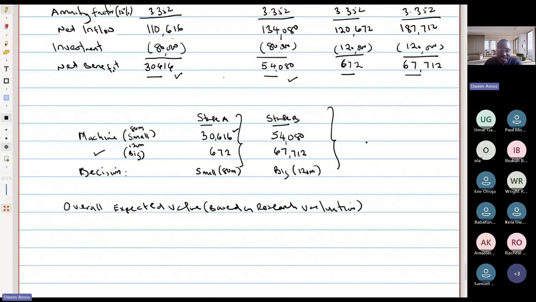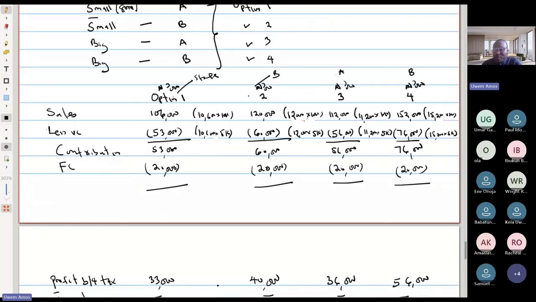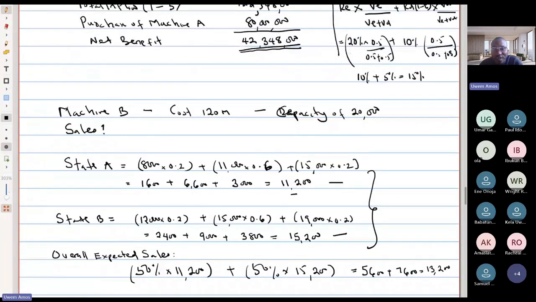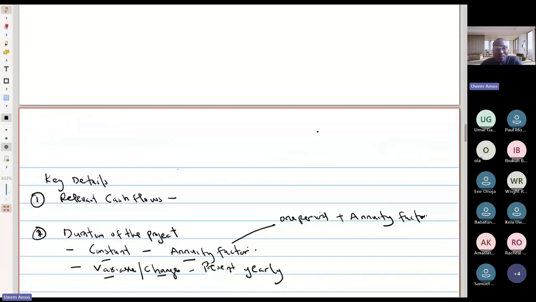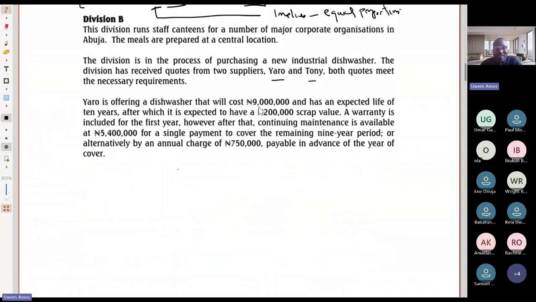So under state A, we're looking at the small machine. Now, the question tells us, when we read it previously, the probability of occurrence of each of those states. Can we still remember that? What's the probability that state A will happen, and what is the probability that state B will happen?